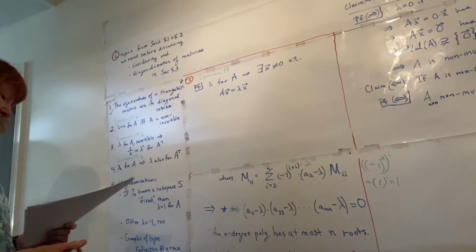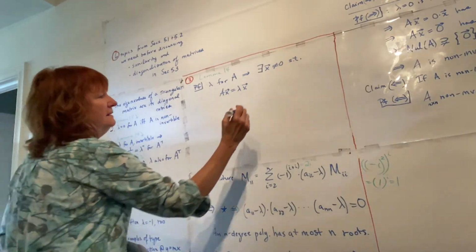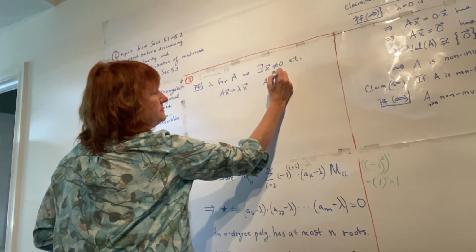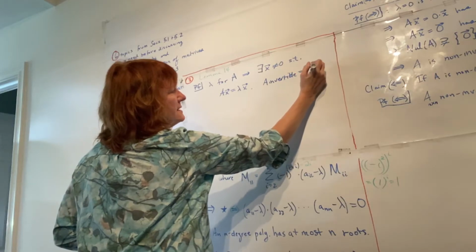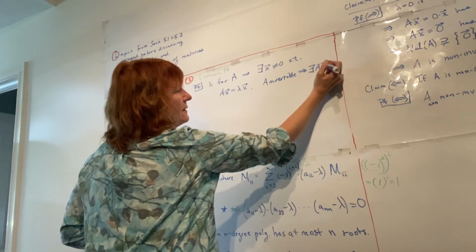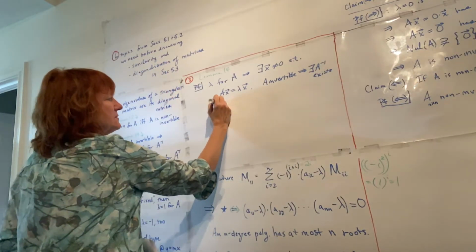Well, so we have this equation here, but A invertible implies there's an inverse running around, right? So we can multiply both sides of this by A inverse.